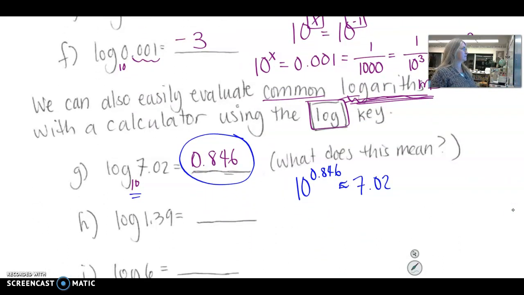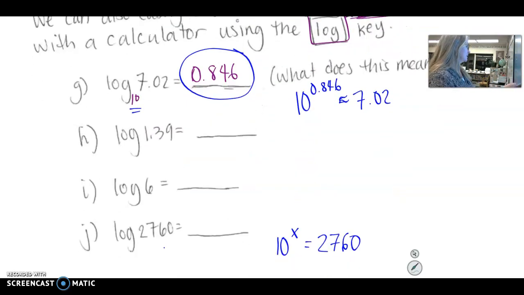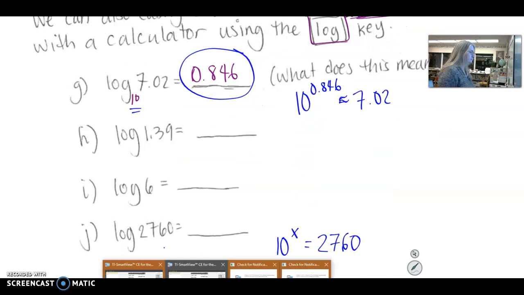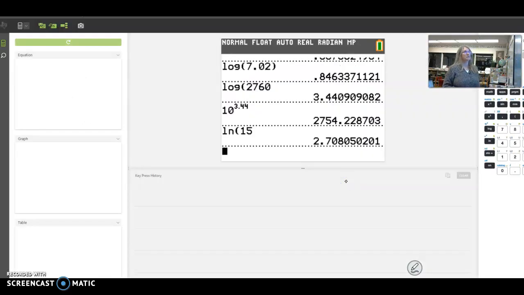last time. I'm going to go back over this using the log key on your calculator. So your calculator has two log buttons. One of them right here is right there, they're highlighted in red.